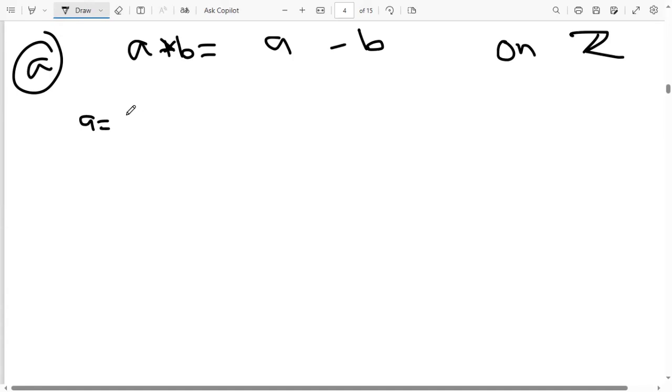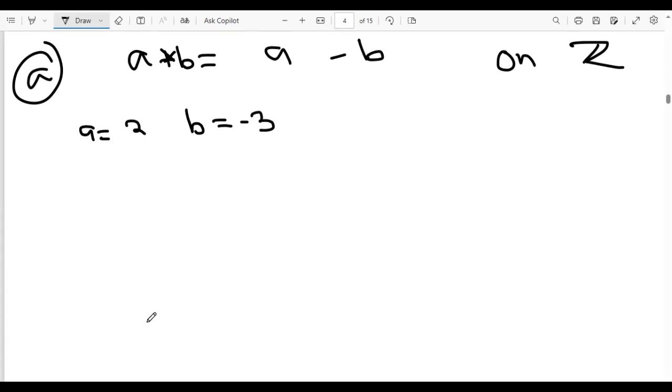I'll choose my A to be 2, and then let me choose my B to be minus 3. We know that 2 and minus 3 are integers. Let's apply these 2 and see if the commutative property holds.